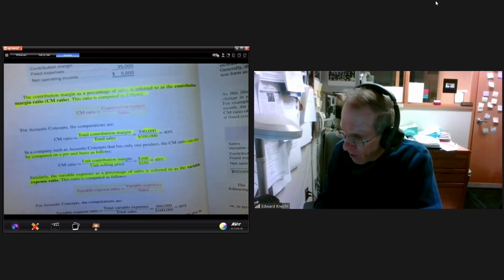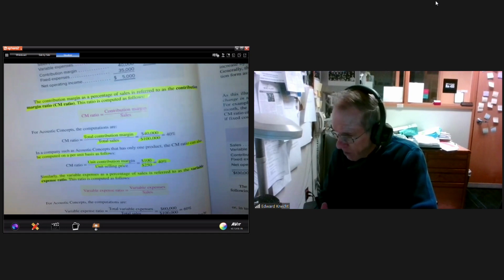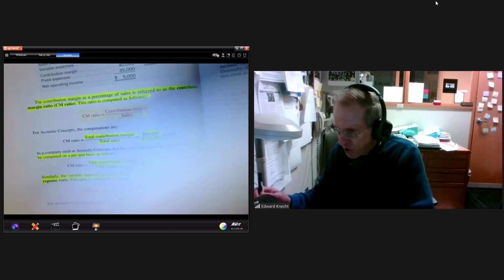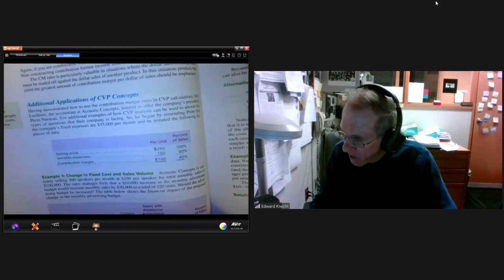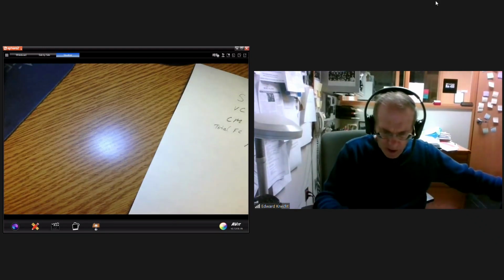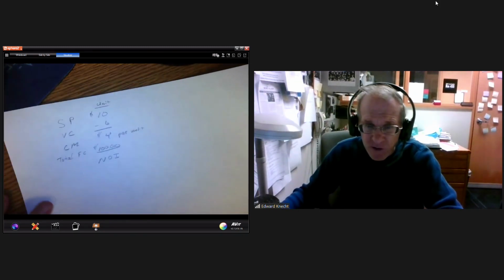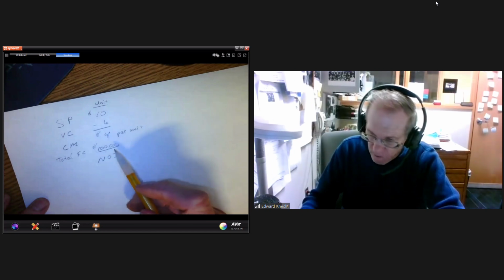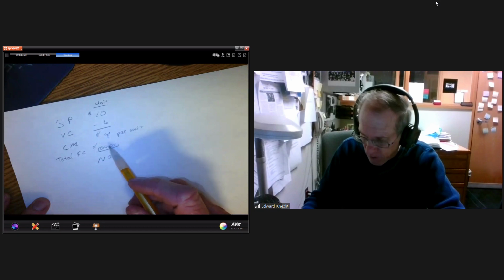So now, how do you determine break-even analysis? That's what I love, because it's just taking that formula and dividing it. Let me give you in my own handwriting. In this example, we have total fixed costs of 100,000, or total fixed expenses, same thing.